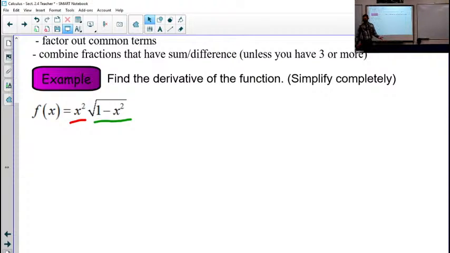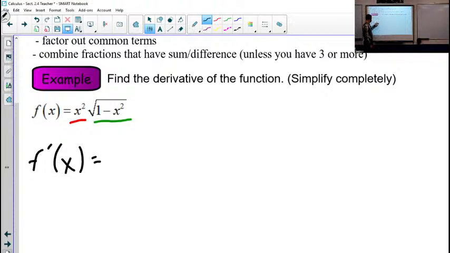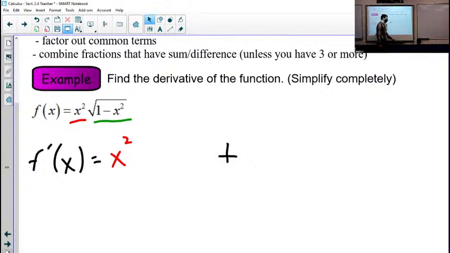These are my two functions that we're multiplying together. First times derivative of the second plus second times derivative of the first. First, x squared. Easy. Times derivative of the second. Here we go. Derivative of the second, derivative of square root of 1 minus x squared.